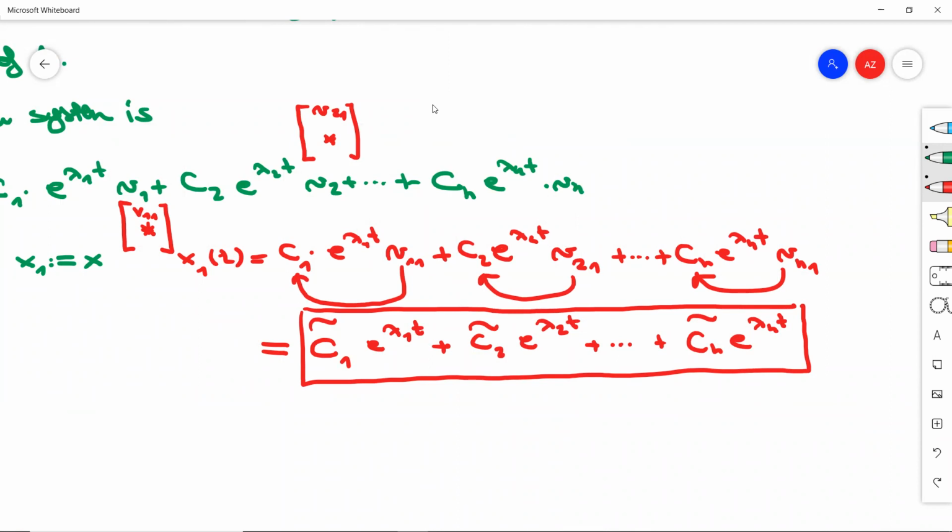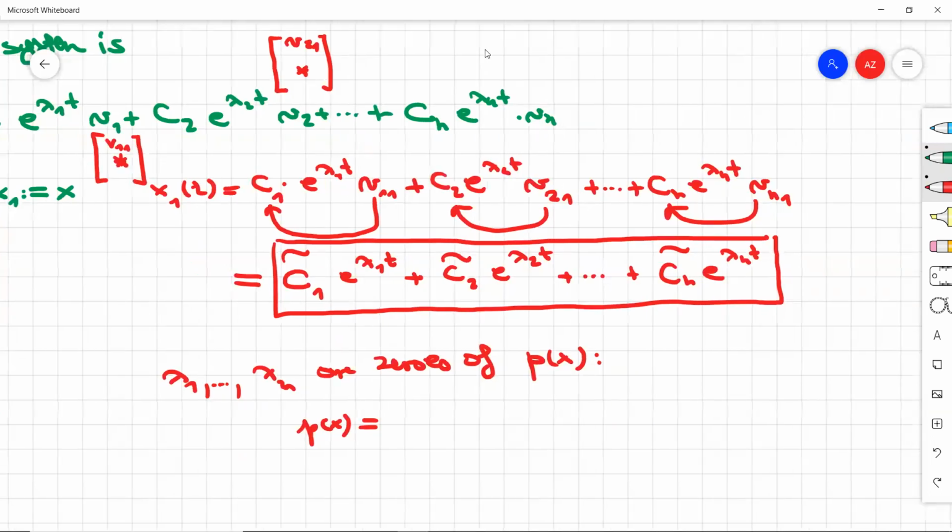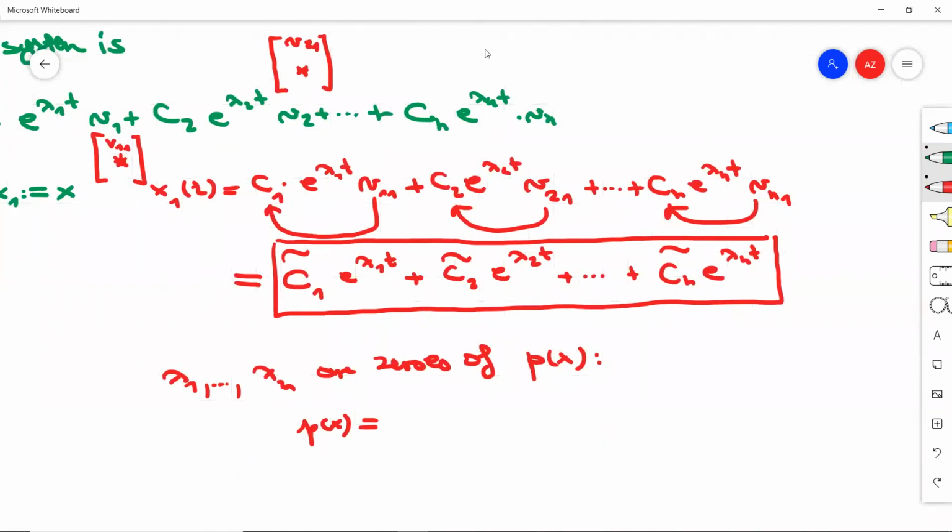So lambda 1 up to lambda n are zeros of the polynomial p, which is formed by replacing the derivatives of our function x with the corresponding powers.